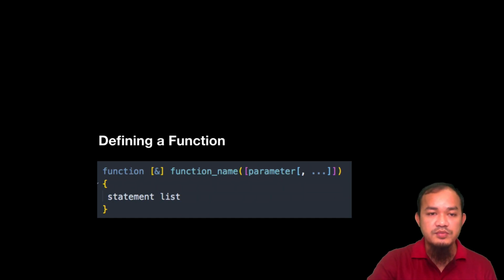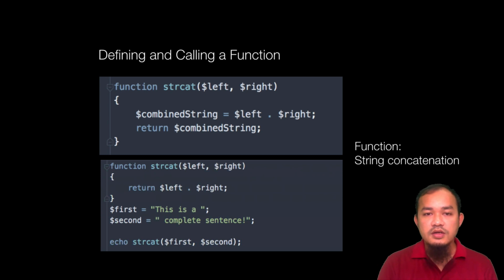Let's see the example of function. This is the function where we want to concatenate, or bring two strings together. We call this concatenation. We define a function named string strcat.